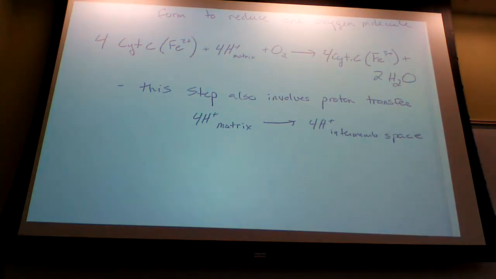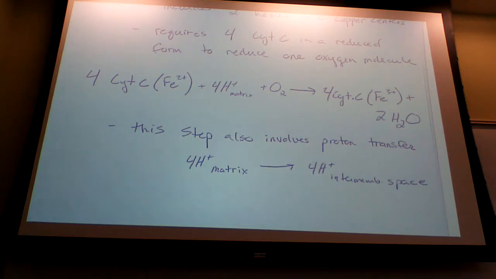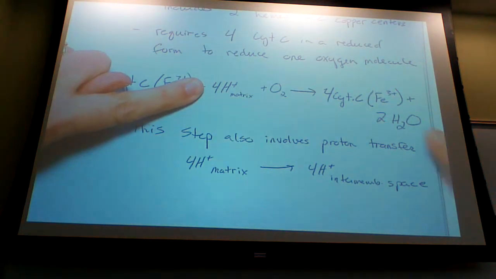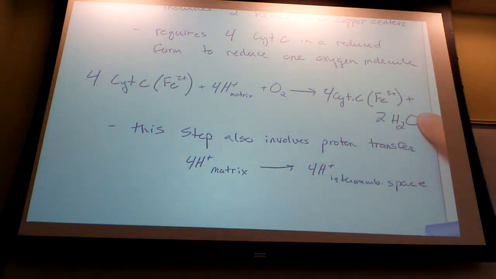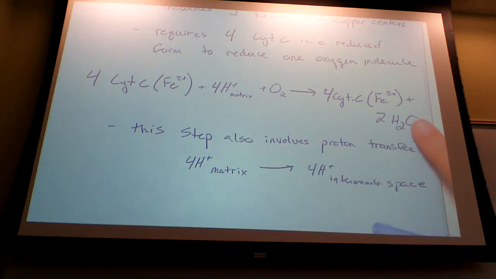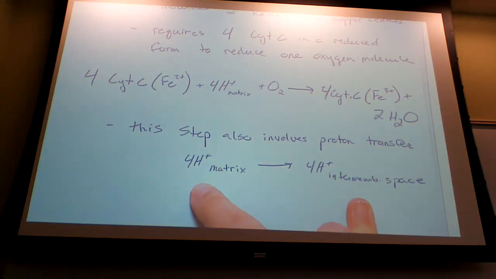That's a different 4 protons from those. These are on the matrix side to begin with. They are consumed to make the water, but that's still on the matrix side. So it involves a decrease in the proton concentration on the matrix side, which is good for us. We're trying to make a proton gradient. But the transfer from one side to the other is a separate 4 protons from those.